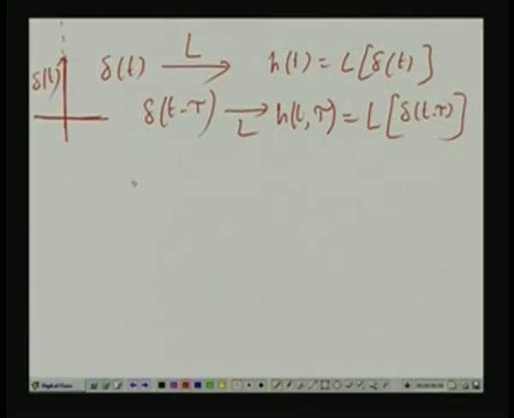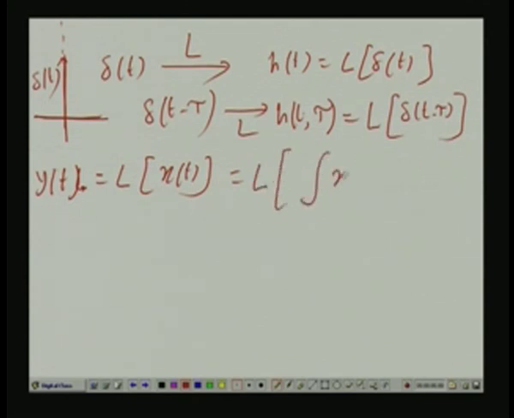See this case, y t. We have already expressed x t in terms of this in the previous slide, and L now is a superposition because of the integral, and the system is linear.